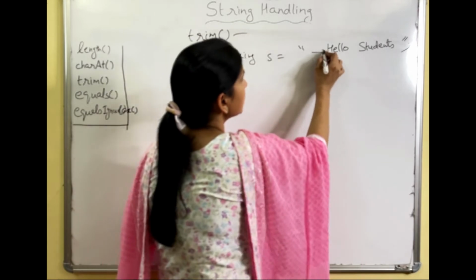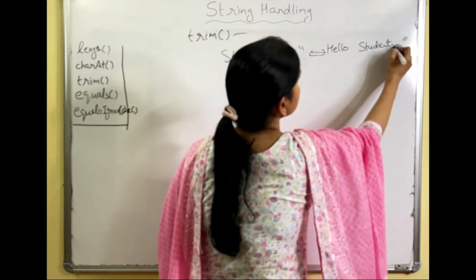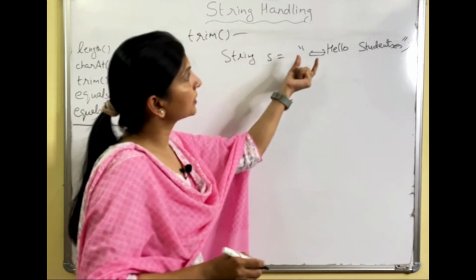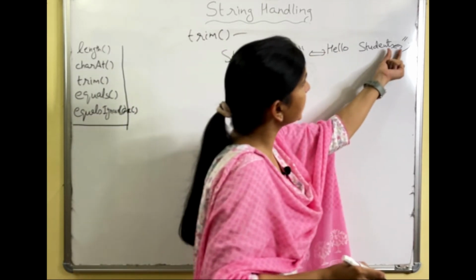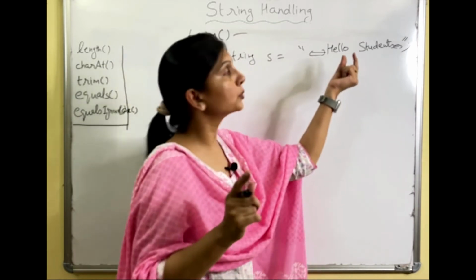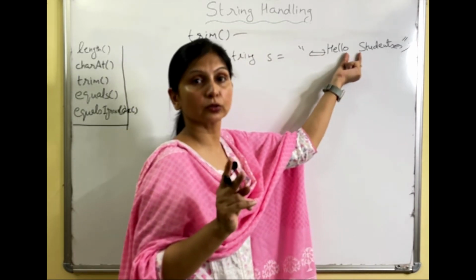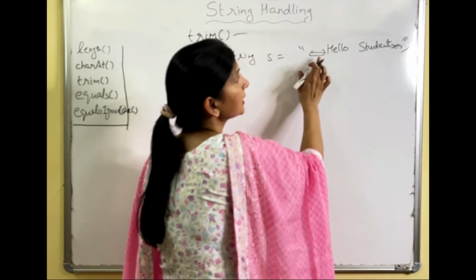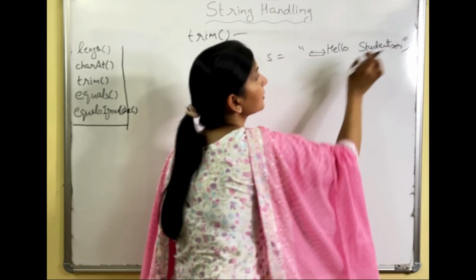So this is leading space and this is trailing space, right? The trim method removes this leading and trailing space, and a point to remember, it does not remove the space between the two words, right? It will remove only leading and trailing space.